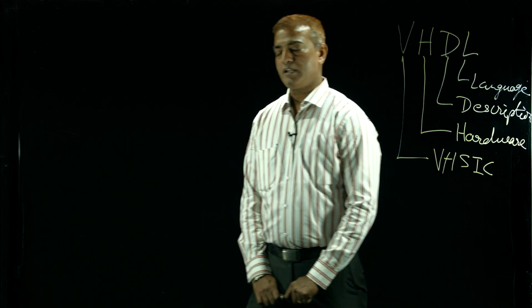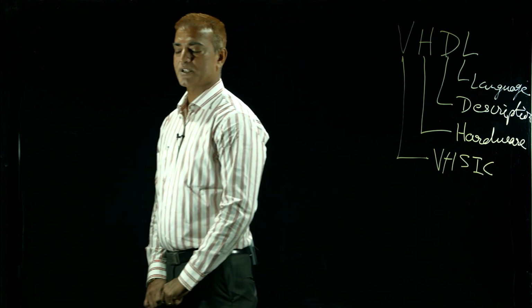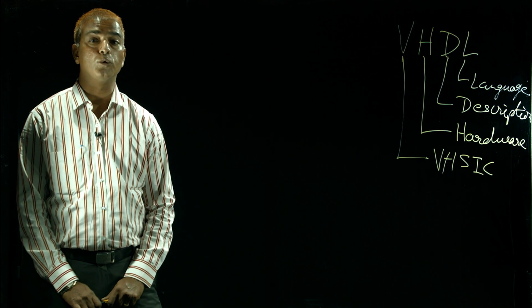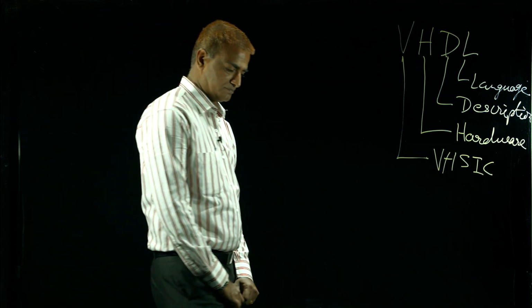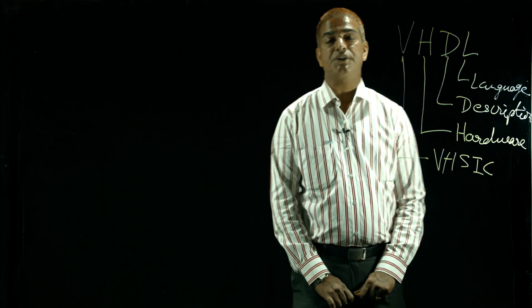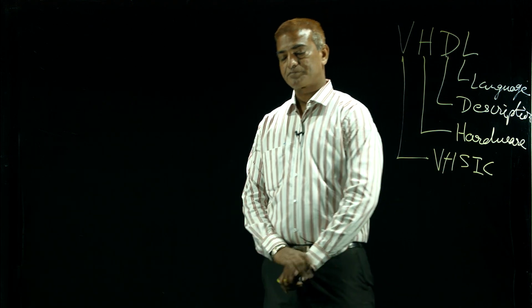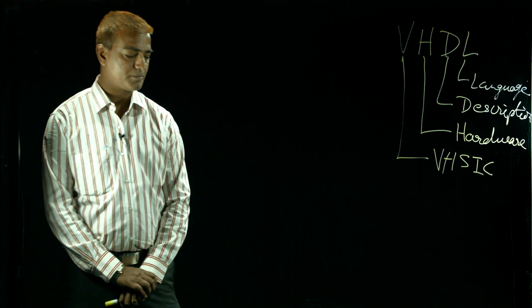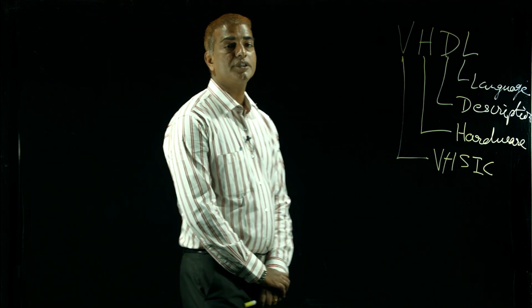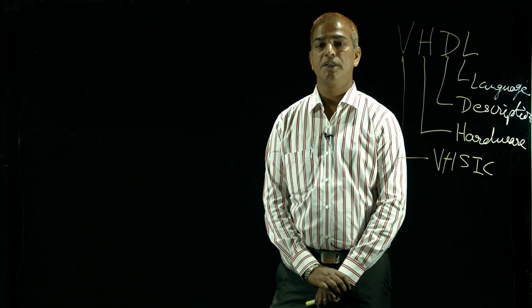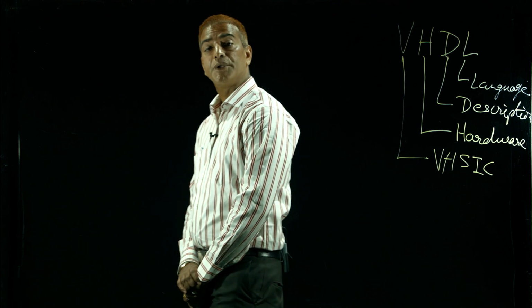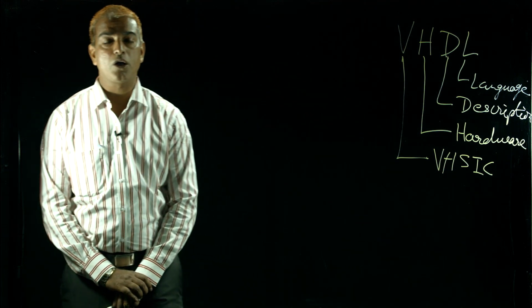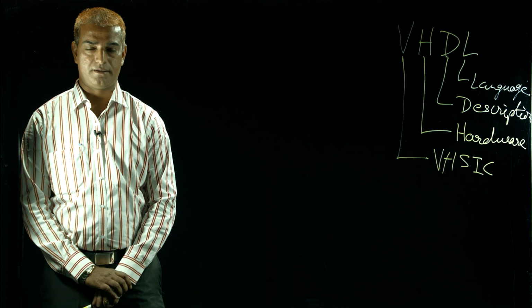Apart from ADA, there were other hardware description languages available, such as Eastern, Police, and many more. These were studied by IBM and Intermetrics, and later, in the year 1984, they came up with one new hardware description language called VHDL.